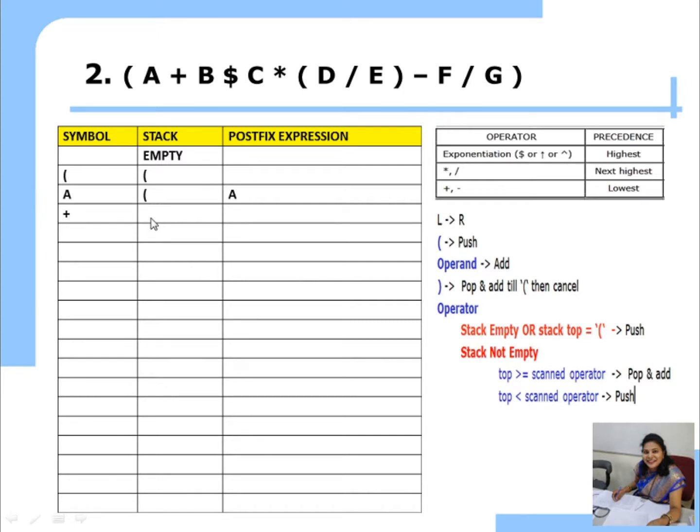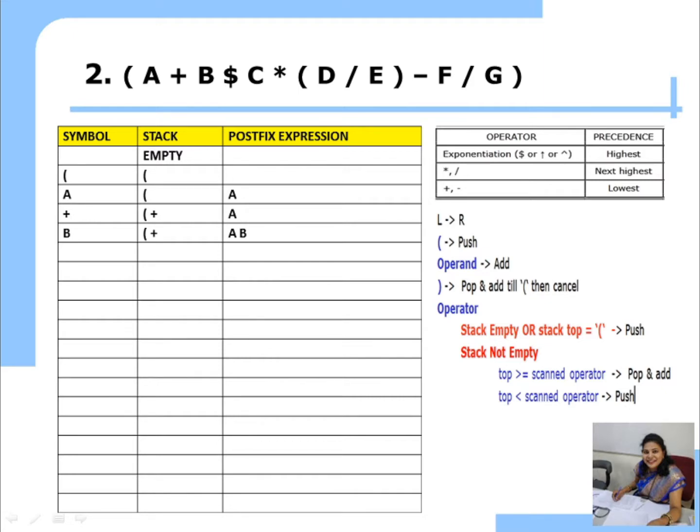So what will the stack contain now after pushing the plus? Left parenthesis and plus sign. So plus is at top, okay, and the postfix expression will remain unchanged. After this, the next is B. B is the operand, so we are going to add it to the postfix expression. So the postfix expression will become A B and the stack will remain unchanged.